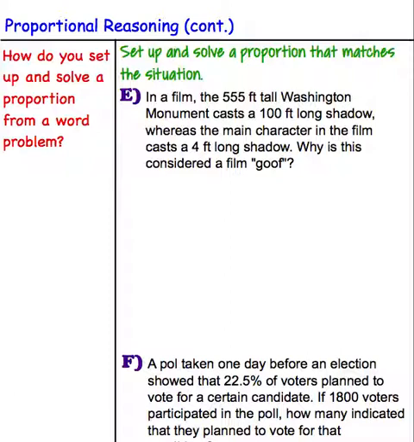So if we draw a picture, we have the Washington Monument that stands 555 feet tall. And it casts a shadow 100 foot long. And it says at the same time the main character, clearly not drawn to scale, casts a 4-foot long shadow.